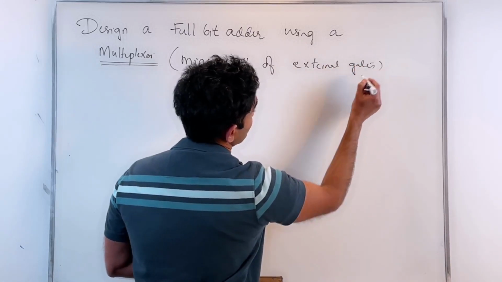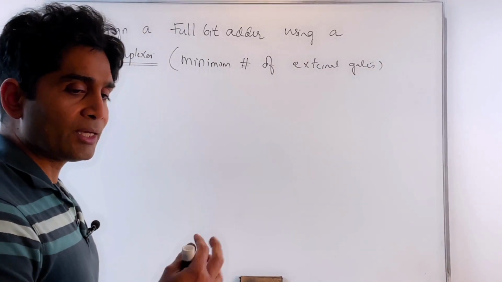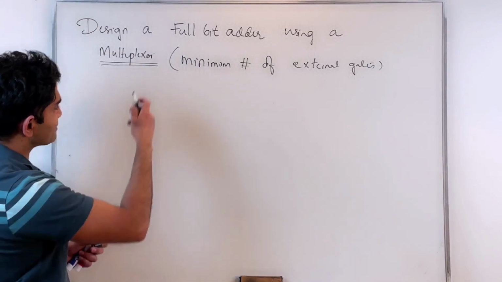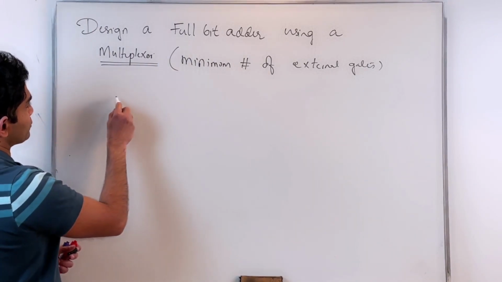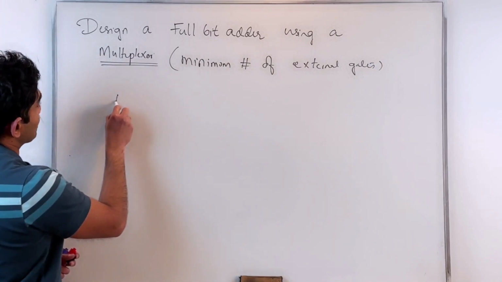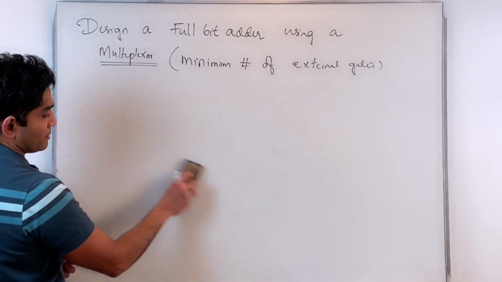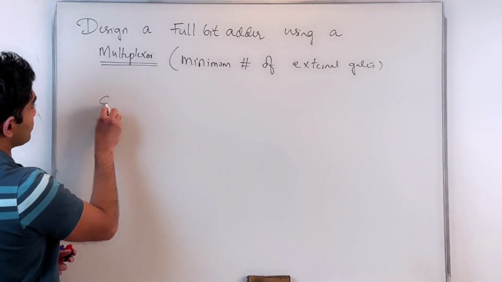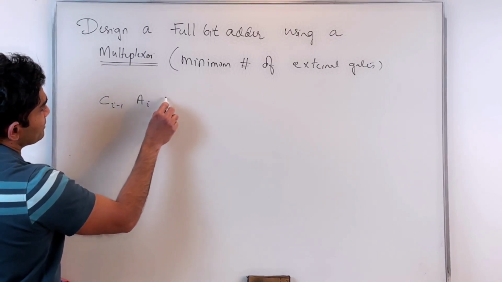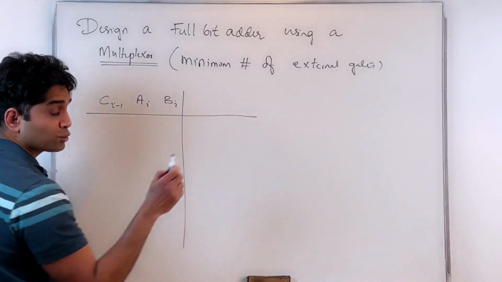Obviously here I would like to utilize the multiplexer to my advantage and see how we can do this. Going back to the first step, of course, I start with the truth table. For the full adder, we have three inputs, Ci minus 1, Ai, Bi, and two outputs.